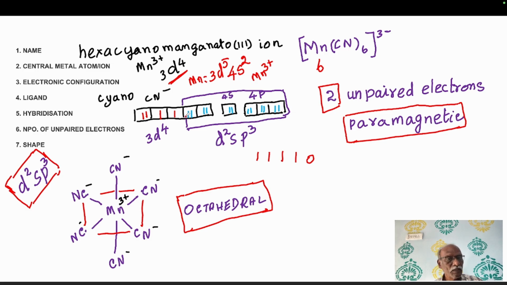Cyano is capable of pushing the electron inside and pairing it here, and resulting in this.